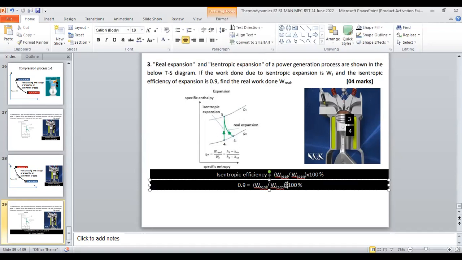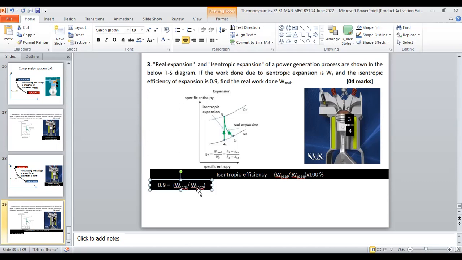So if 0.9 is not a percentage, you can take this out. Then from this, W real is real work done.